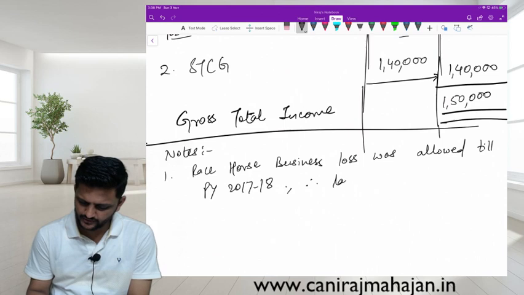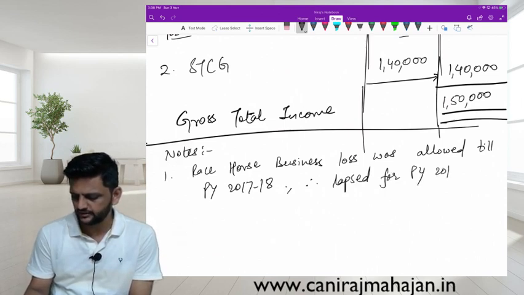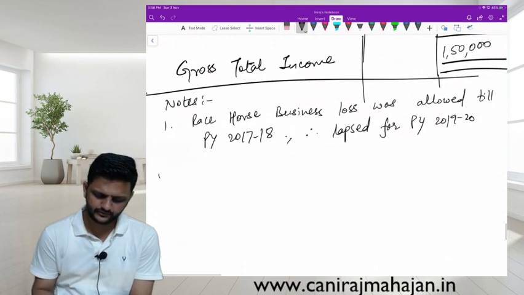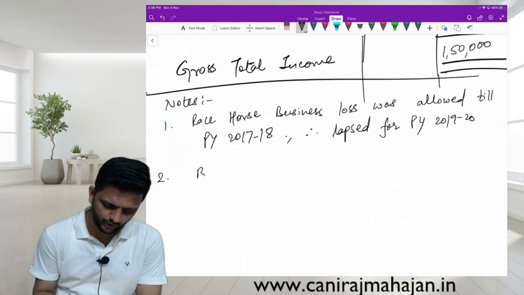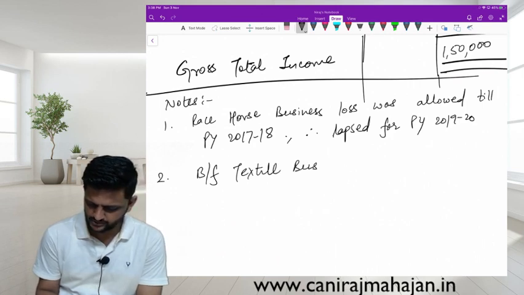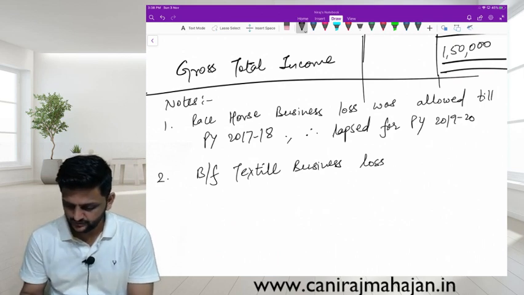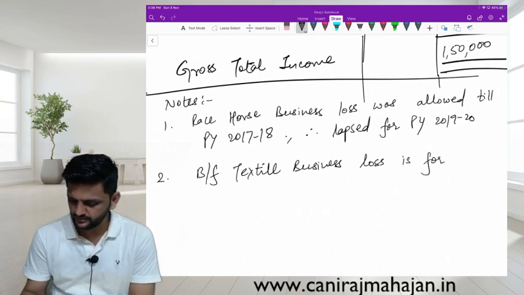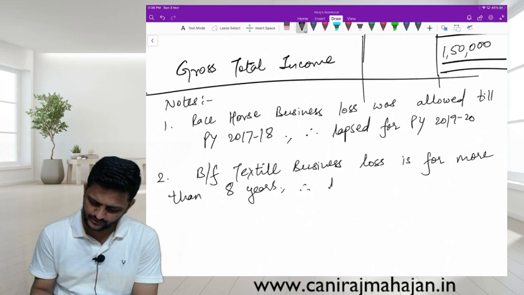Therefore, lapsed for PY 19, 20. And this brought forward textile business loss is for more than how many years? 8 years, therefore lapsed.